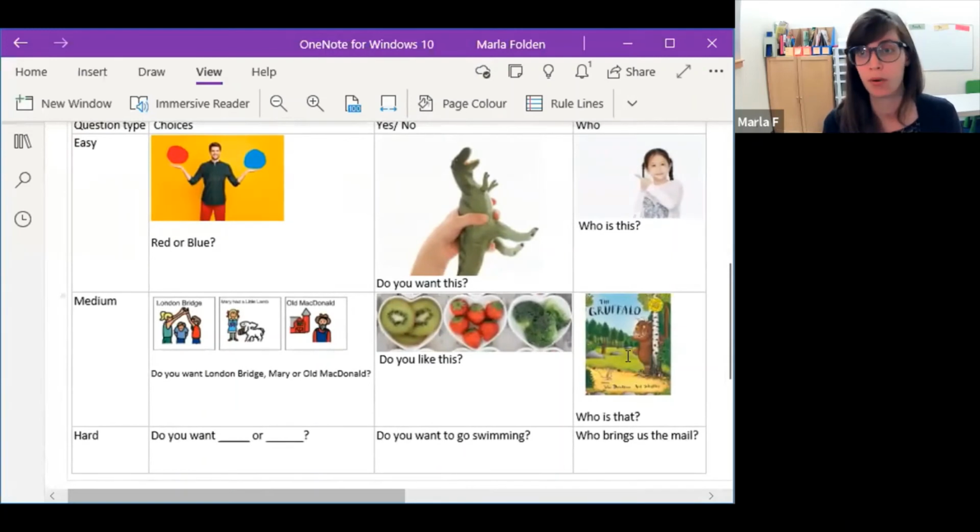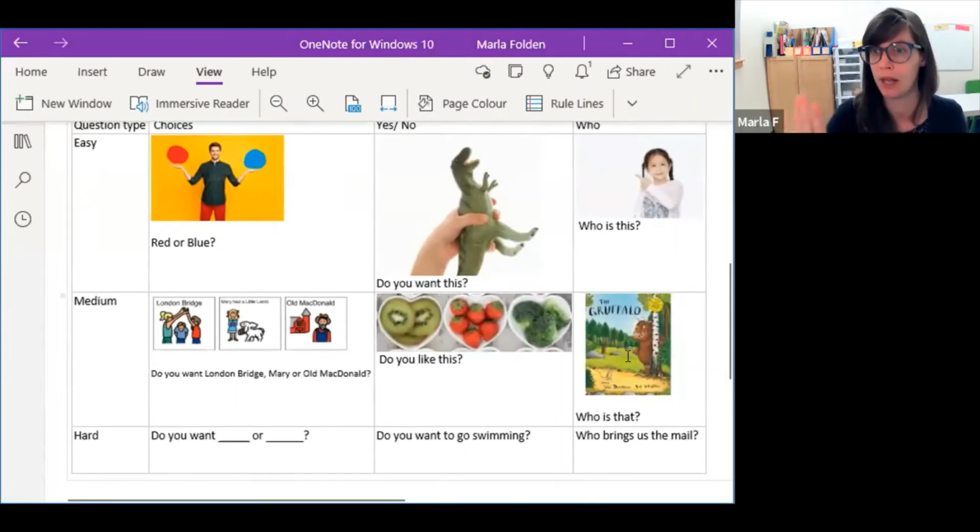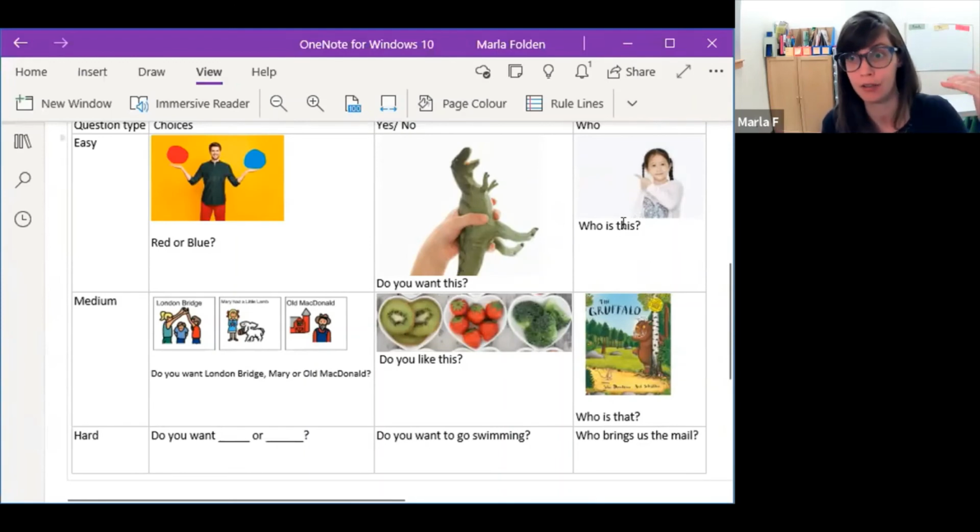Well, we could provide two pictures, one of a mailman and one of a doctor, something like that. Who brings us the mail? And the student can choose. So we're combining two different types of questions together. Or, if you can get the actual mailman, that's ideal. If you want to make it very, very concrete, or your mailman doll, that kind of thing.